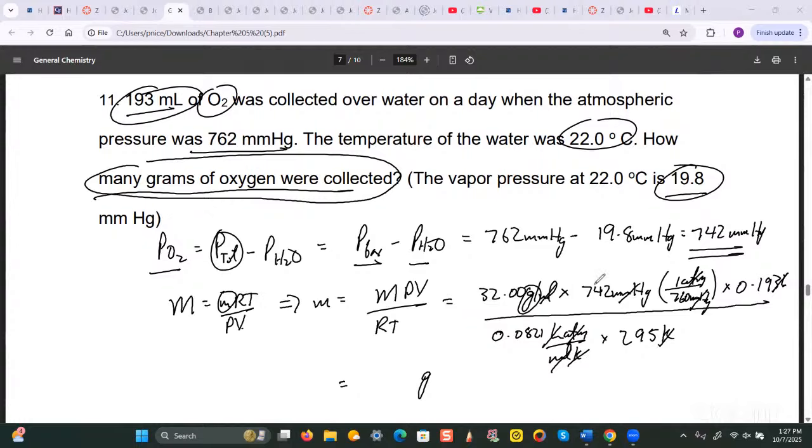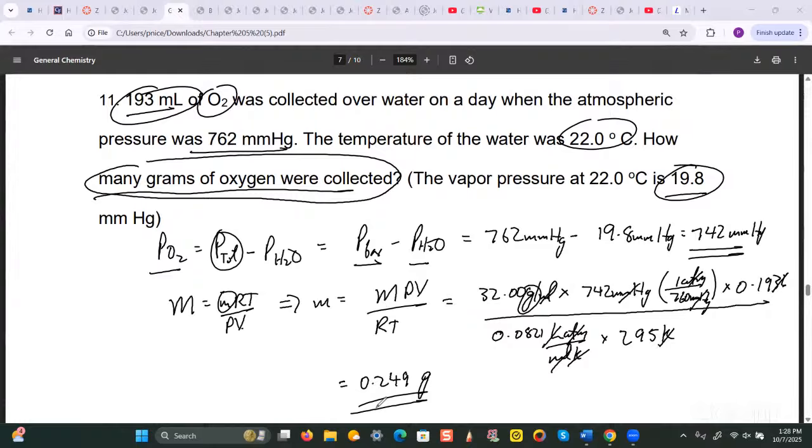Okay, that was wrong. What did I do wrong? I forgot to divide by 760. That makes more sense, a more reasonable answer. So the answer I got will be 0.249 grams. Yes, 0.249 grams, okay.